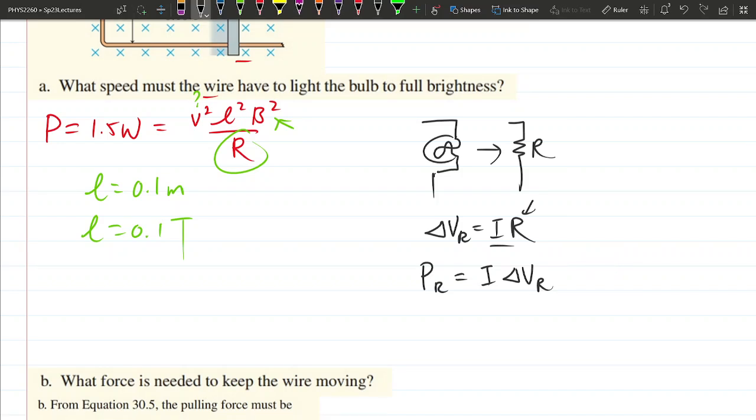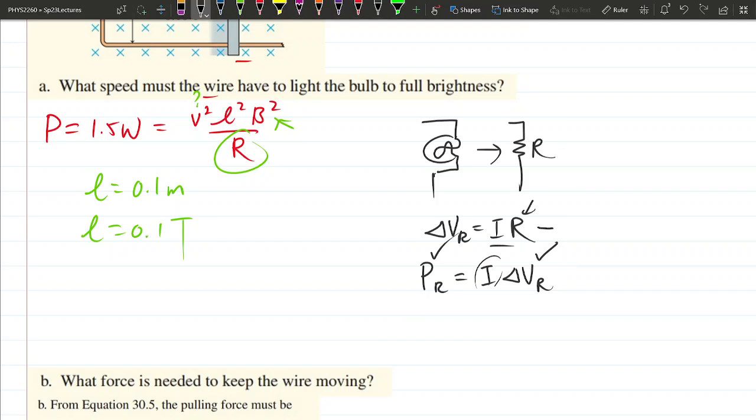What we can do is substitute this in so we can get rid of the current. So let's see. So power. How do I calculate the R from this? Because we know the power is 1.5 watts. We know this side, but we don't know the current. So we want to calculate the resistance here.